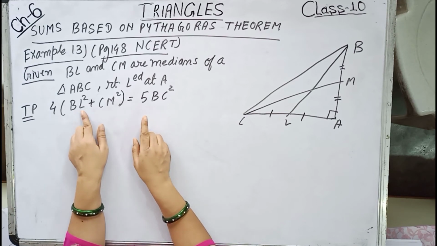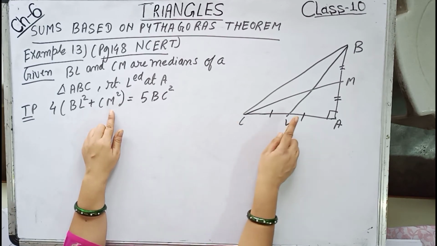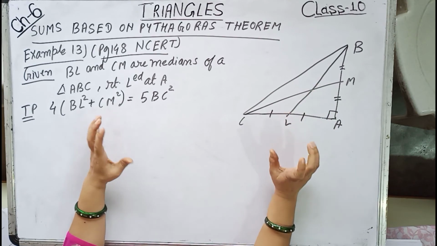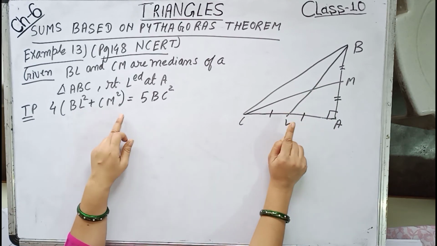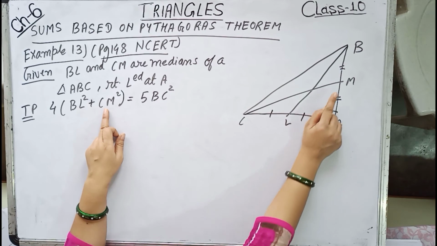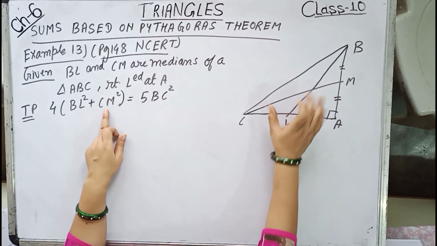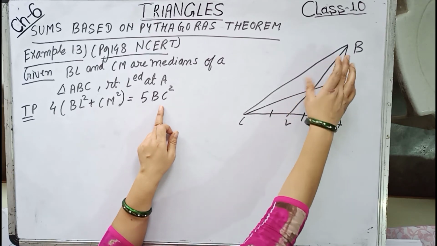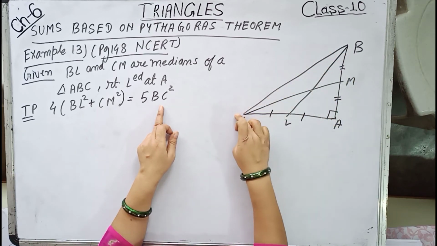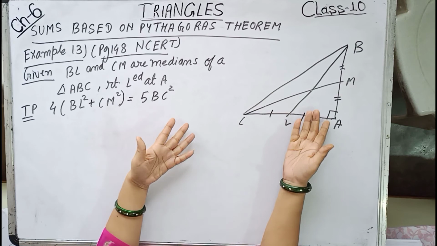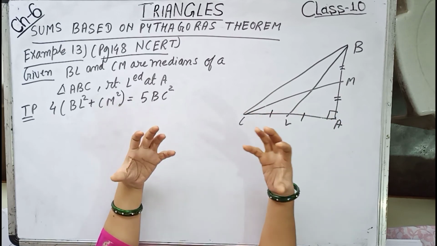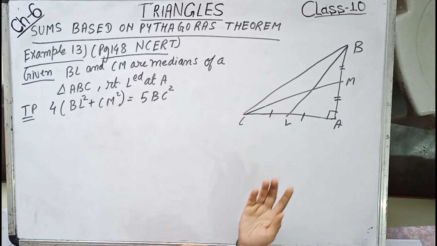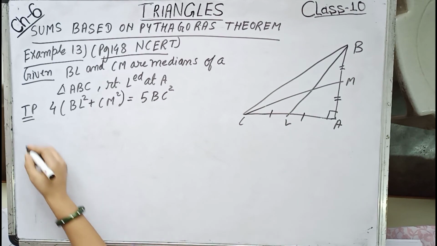Over here, for BL we will find a right angle triangle in which BL is a part. Similarly, a right angle triangle in which CM is a part, and one in which BC is a part. Obviously, we know the figure, the required to prove part, and Pythagoras theorem. So obviously we can do it. Just proceed on. Don't panic about how it will be done. So, solution.